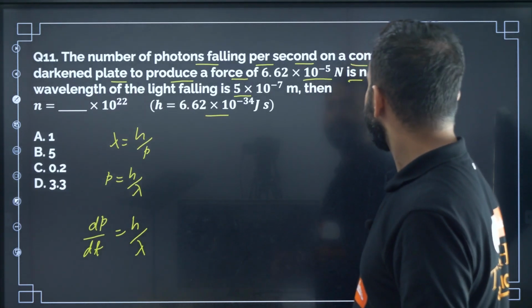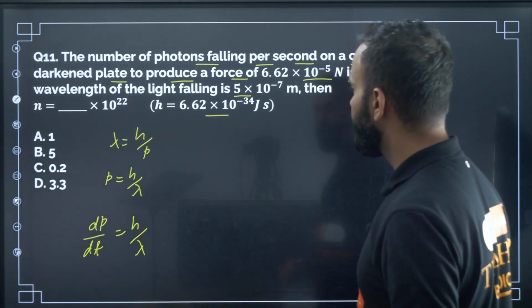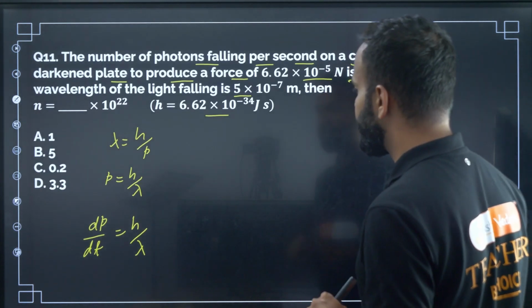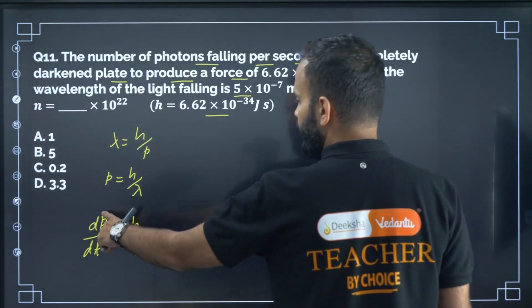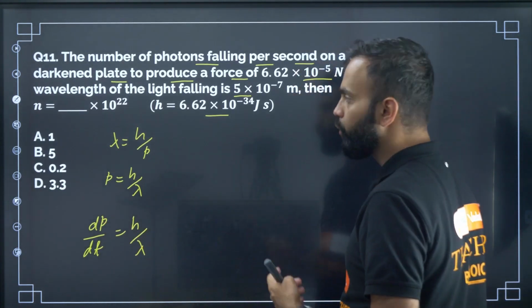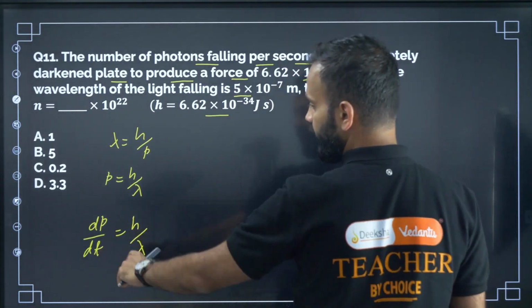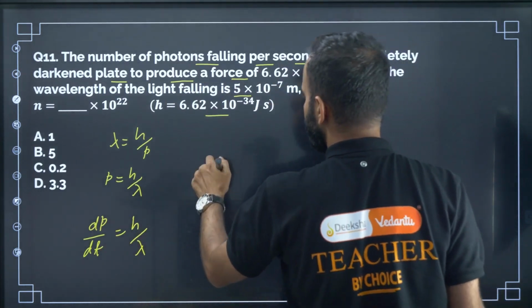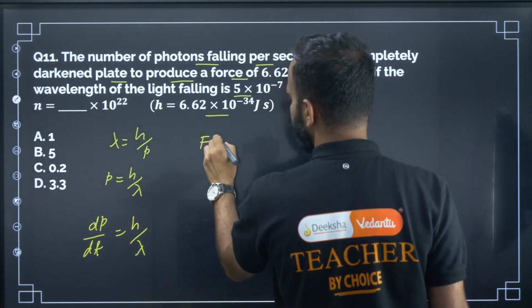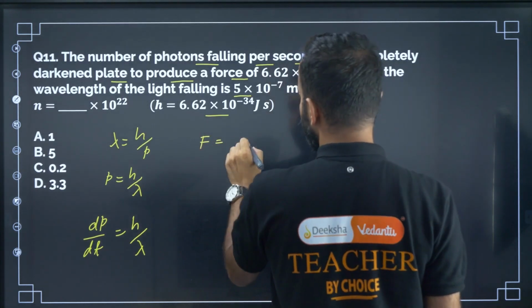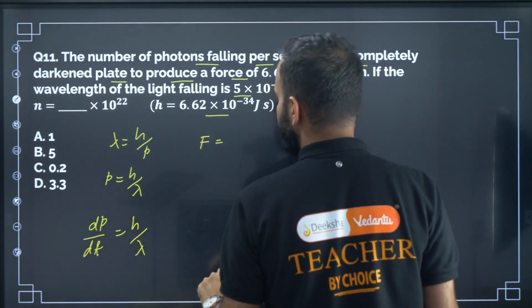So dt equal to 1 second, and here dp by dt will be force. Number of photons falling per second, so that's why dt equal to 1 second. So the force F is equal to h by lambda.